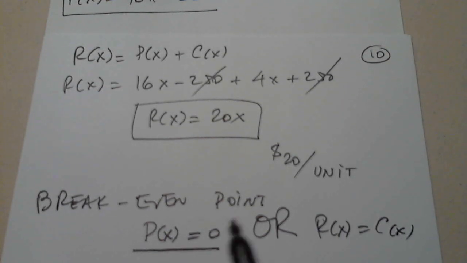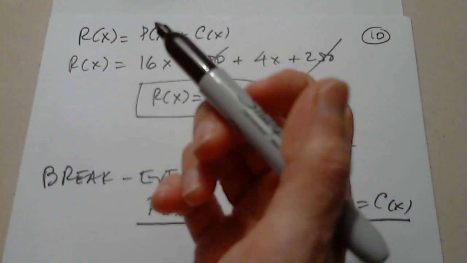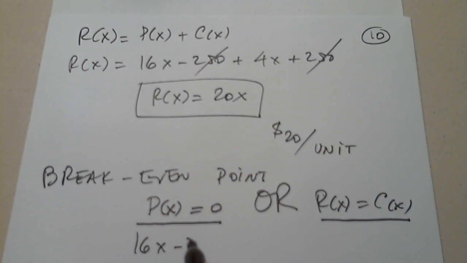Either you say profit is 0 or revenue equals cost. So the profit is 0, 16x minus 250 equals 0. I move 250 and divide by 16. And I divide, and that's 250 divided by 16.